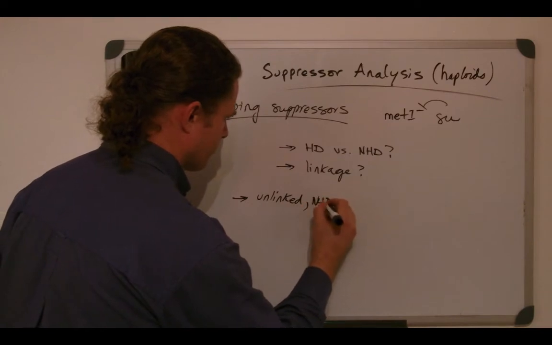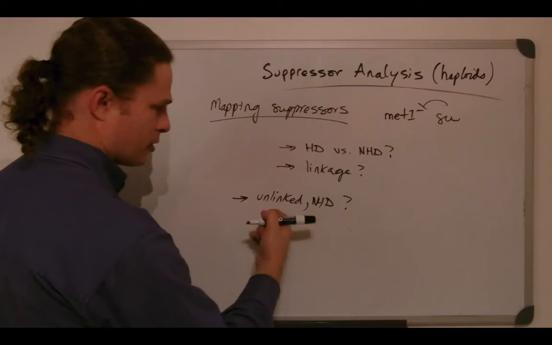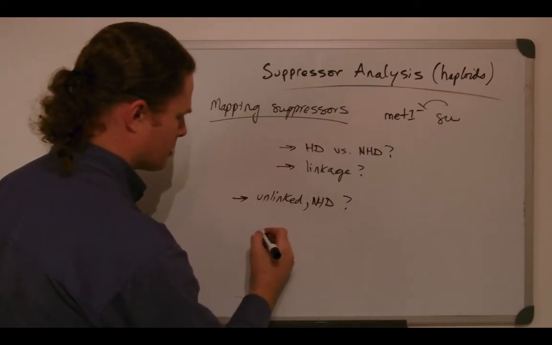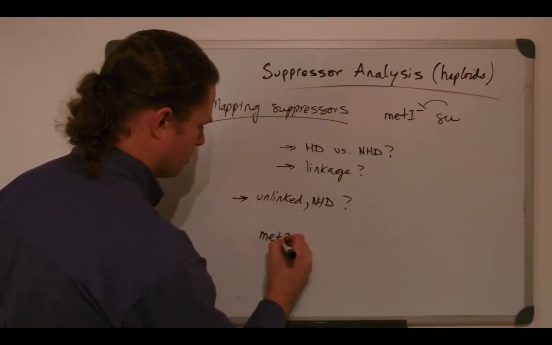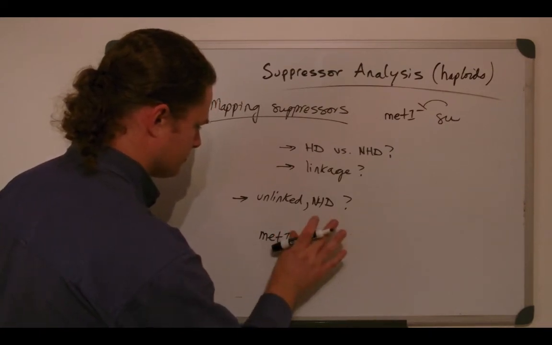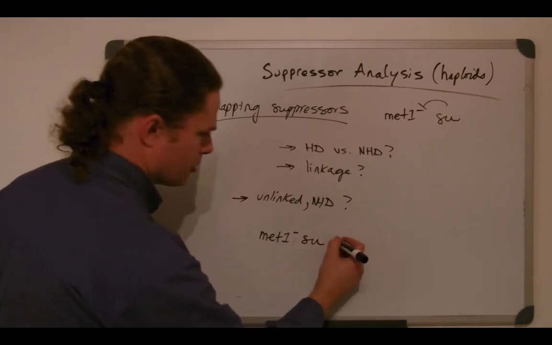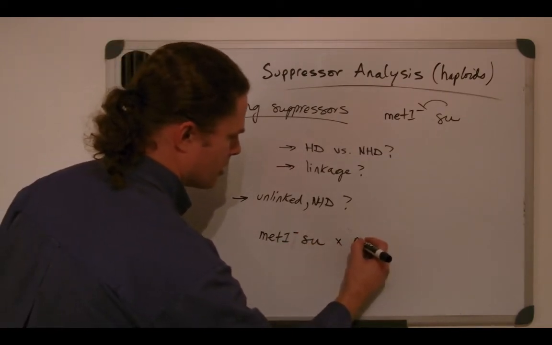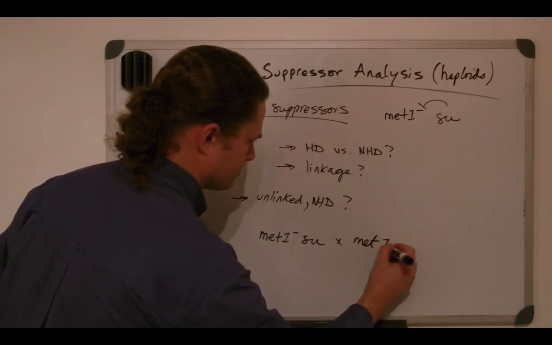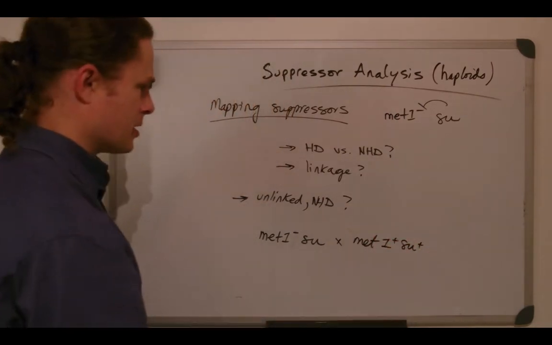non-heterodimer suppressor? So if our revertant was an unlinked non-heterodimer suppressor, so we've got MET1 plus and now the suppressor, MET1 minus and the suppressing allele. So this is our new revertant, and we cross that to wild type. And then that gives us our four genotypes.